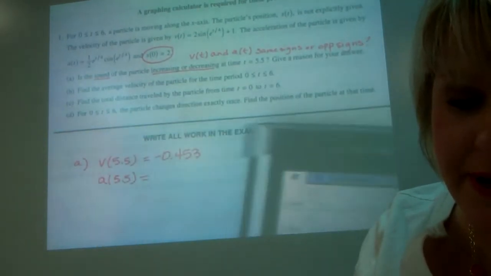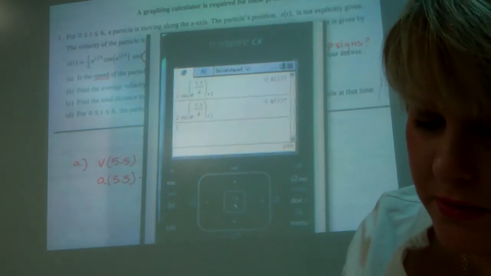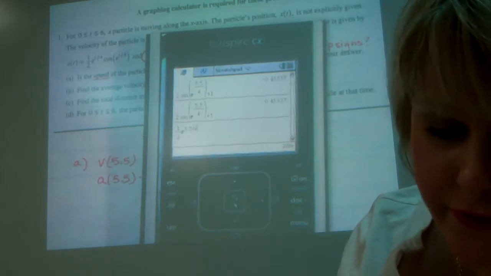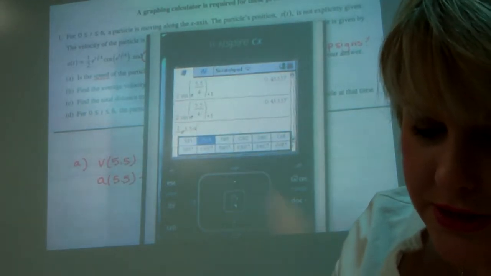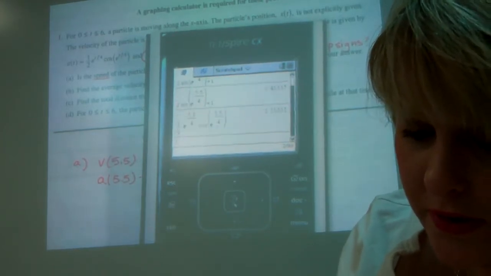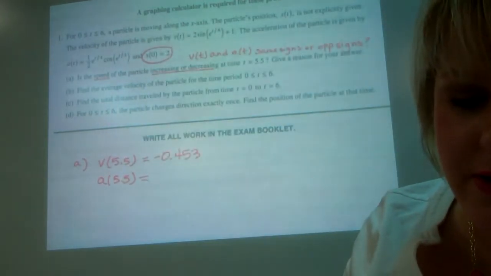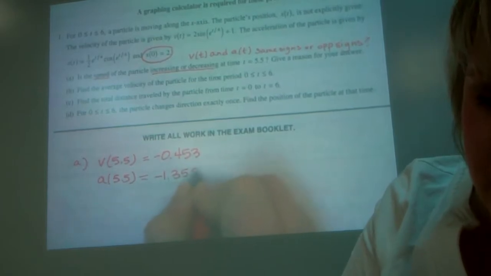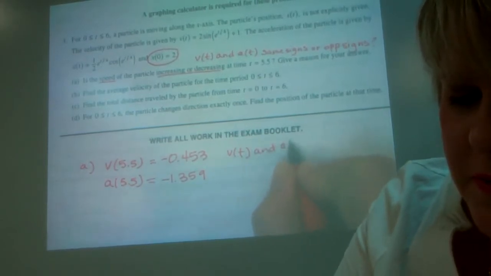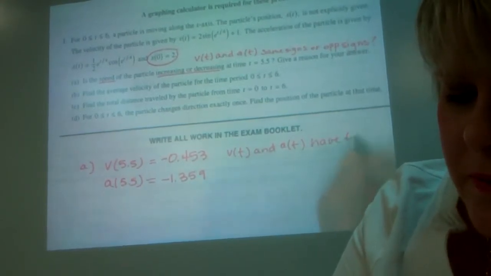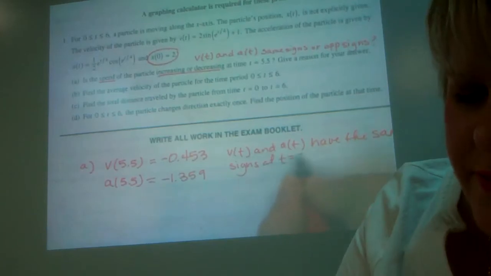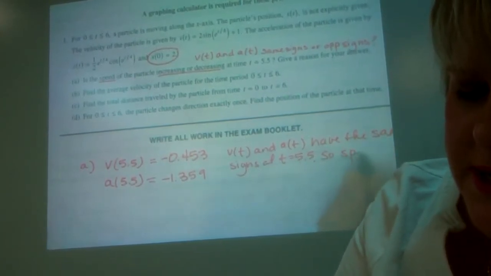Okay, and then if I plug 5.5 into the acceleration equation, 1/2 e to the 5.5 over 4 times the cosine of e to the 5.5 over 4, negative 1.358 or 359. So velocity and acceleration have the same signs at t equals 5.5, so speed is increasing.